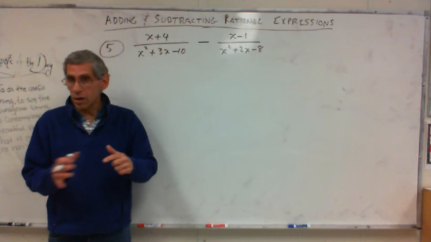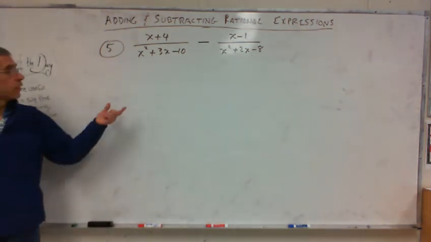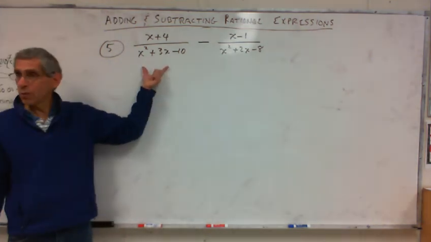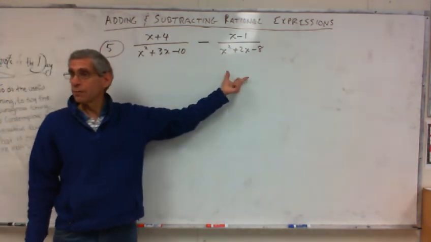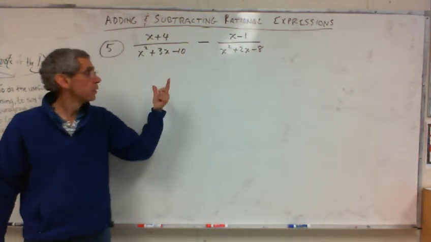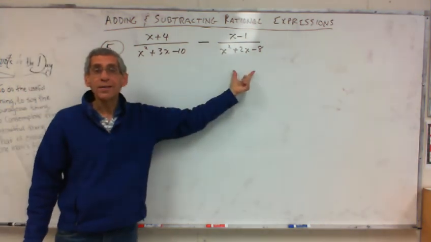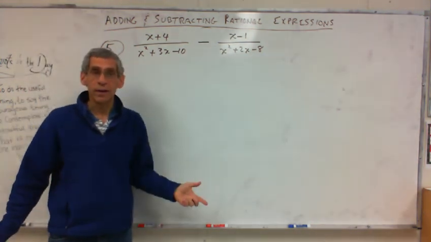And just like all the other days, you have to factor first, right? There is absolutely no way to know what my lowest common denominator is until I factor these. That's the only way, right?